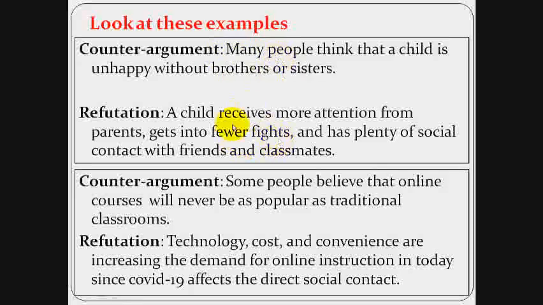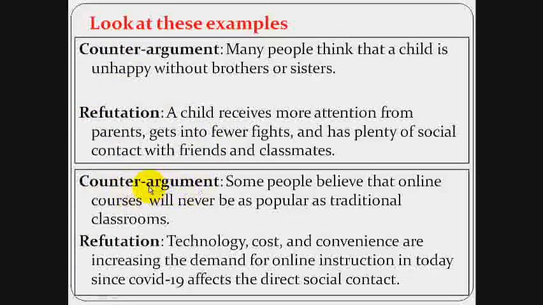And also there is another piece of information which shows that the writer's opinion is strong. Very good. So inshallah, in the counter argument and in the refutation, there are opposing ideas, which makes the opinion essay very interesting.